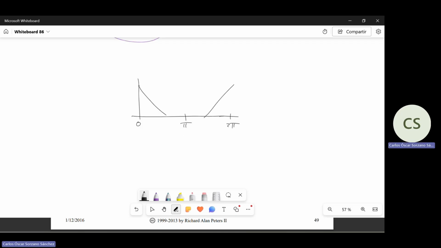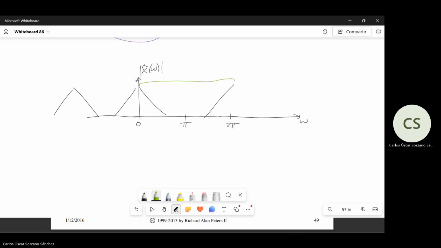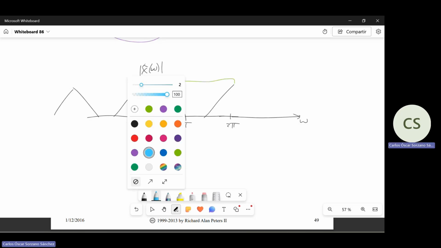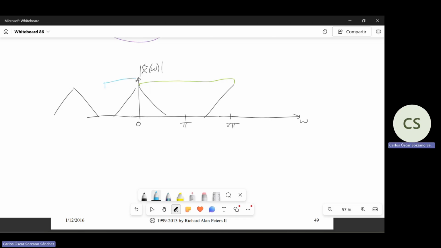And this is 0, this is frequency, and this is the spectrum of the signal. Very good. So computers report this one, and humans prefer thinking this one.